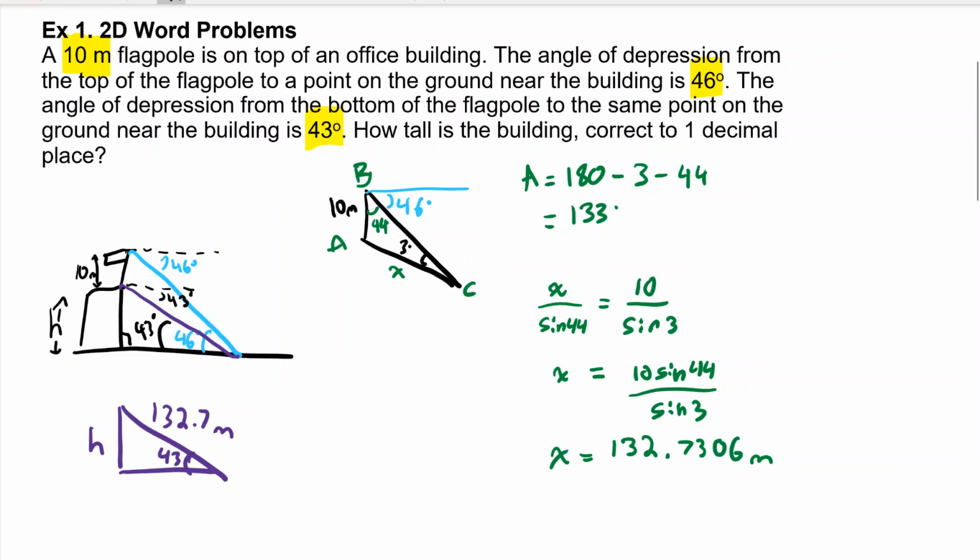Sine does. So I can say that the sine of 43 degrees is equal to the height of the building divided by 132. And I'm going to keep my 4 decimal places just to be extra accurate. And then I'll round it at the very end of answering this question. So the height of the building is going to equal 132.7306 times sine of 43.